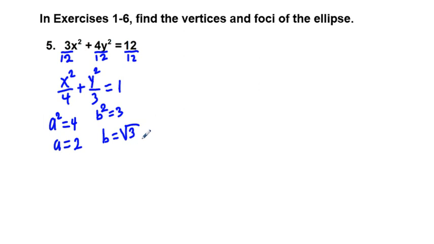which I think is about 1.7 something? I think it is. But in any case, we make our little drawing like I did for problems 1 and 3. Not that it's 100% necessary, but I like to do it if possible. So we have 1, 2 on the right, 1, 2 on the left, and up we have 1, 2, and down we have 1, 2. Our semi-major axis is 2, which means our endpoints are going to be 2 to the left of the center, the origin, and 2 to the right.